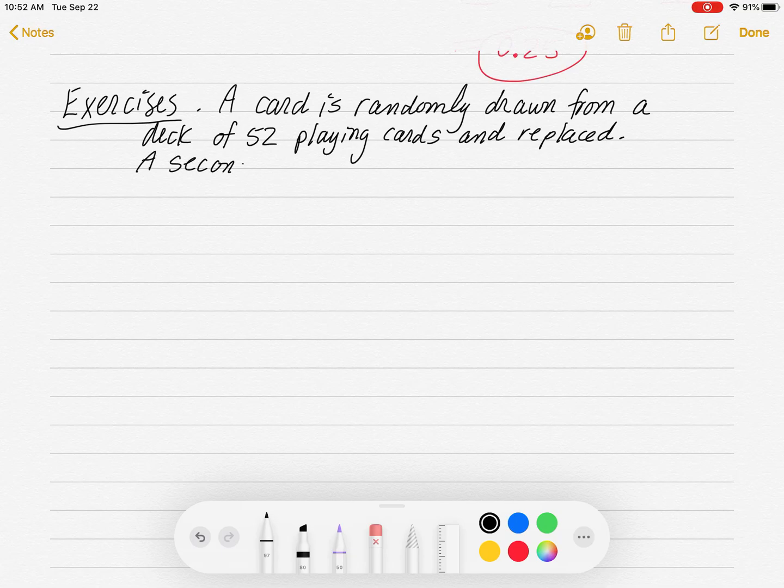A second card is then drawn. So what's that saying? I'm going to randomly pick out a card from a deck, and then I'm going to put that card back in the deck, then I'm going to draw a second card.